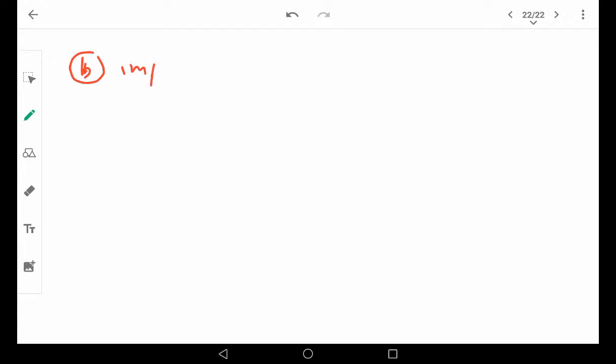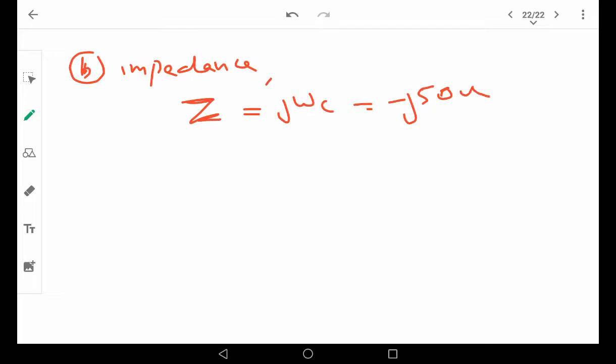Next question is to find the impedance of the capacitance. Impedance is written as Z, and you can write it as 1 by j omega C. So it is minus j 50 ohms.